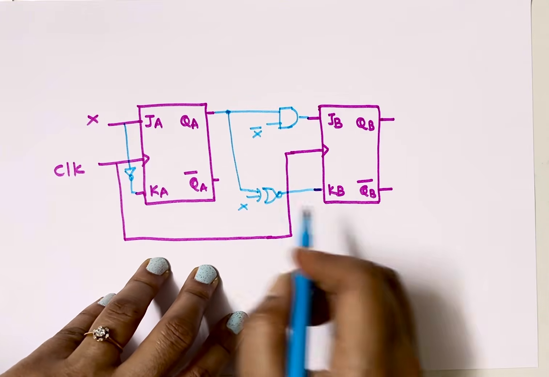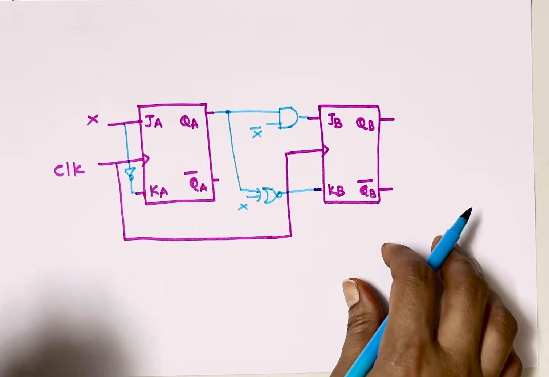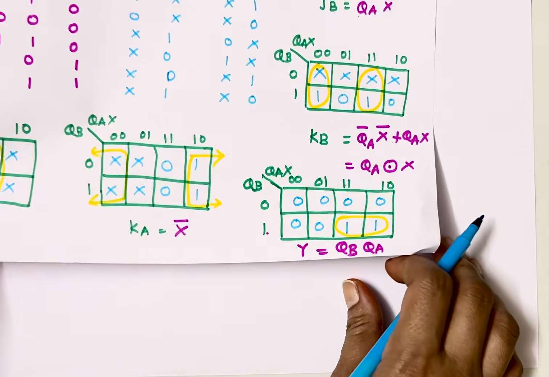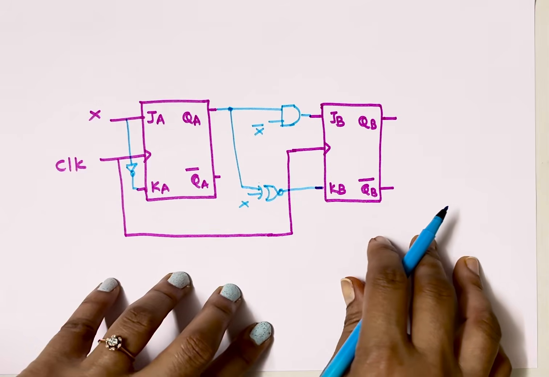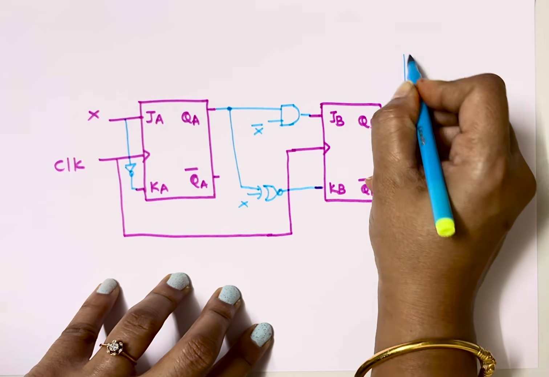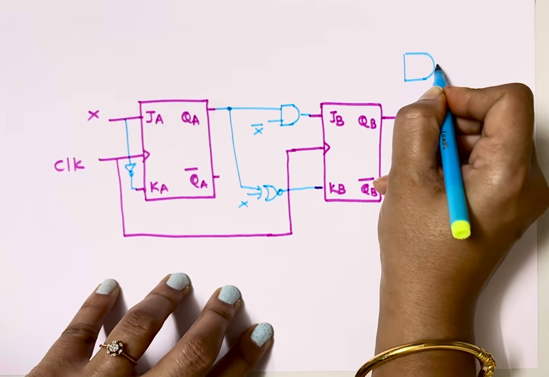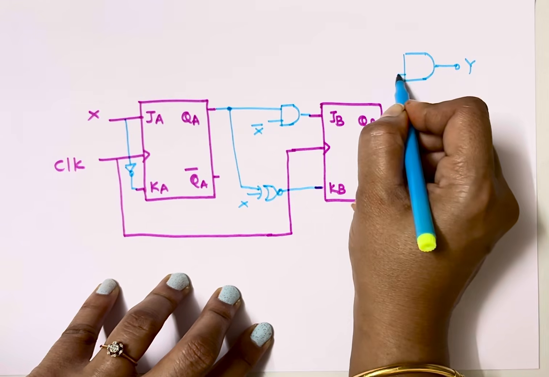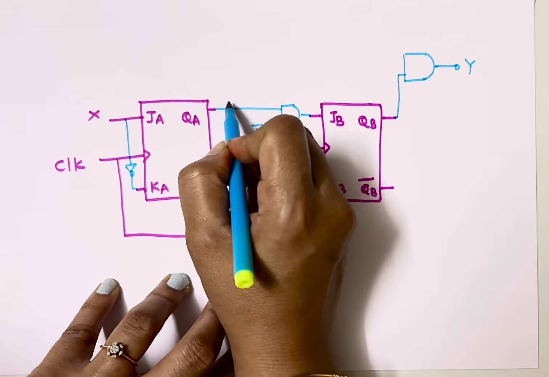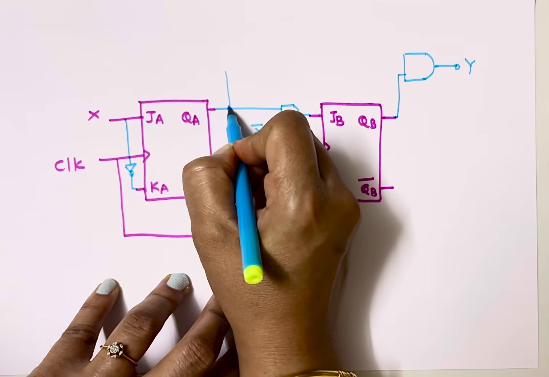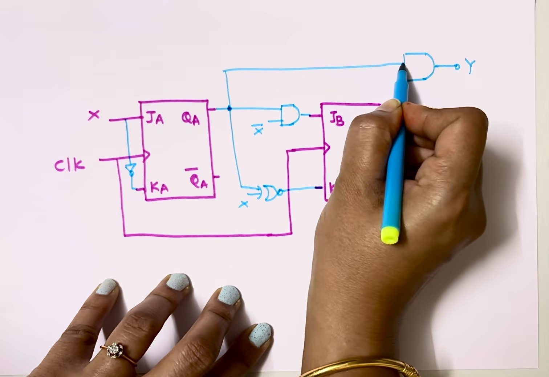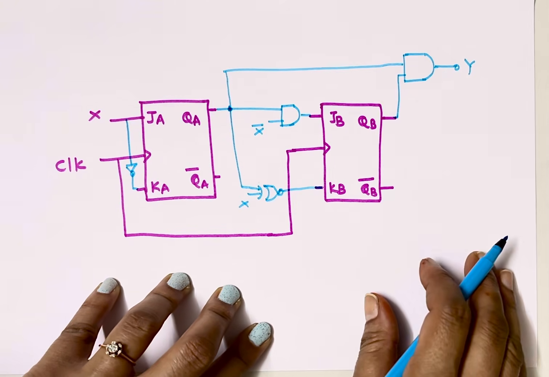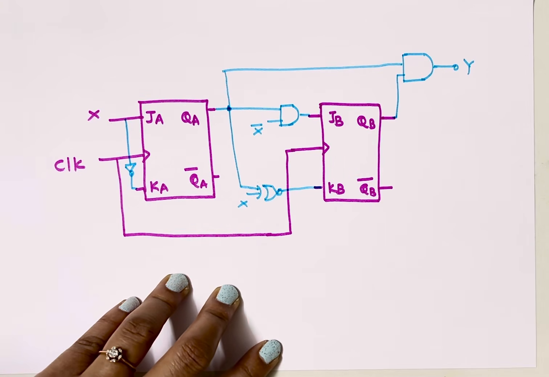So this is my input to KB. Now my output Y. Y is QA into QB. So I'll simply use one AND gate here, and the output of this AND gate is my actual output Y. And inputs are QB and QA. So this is my circuit.